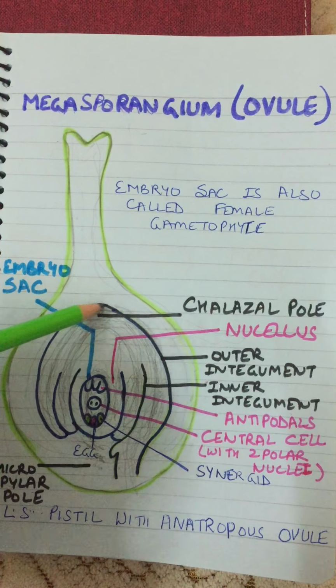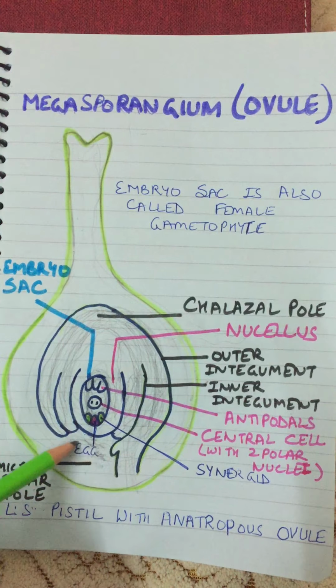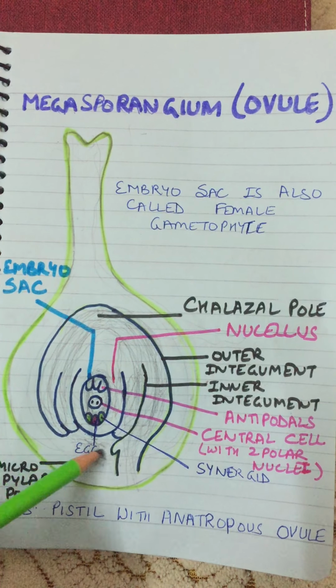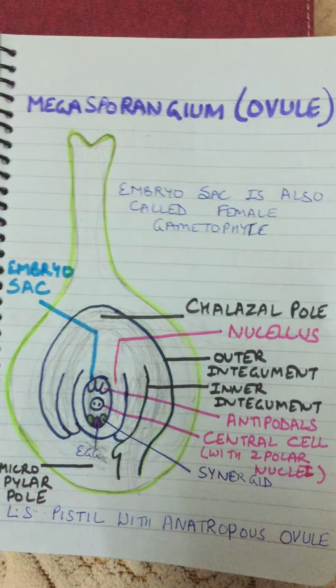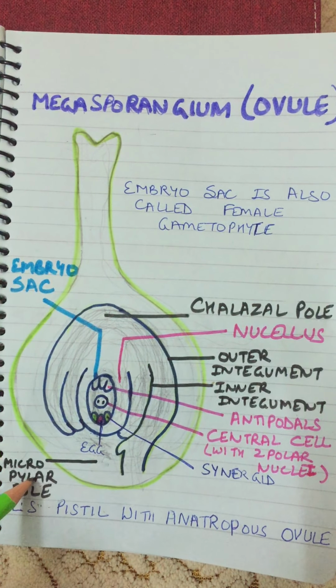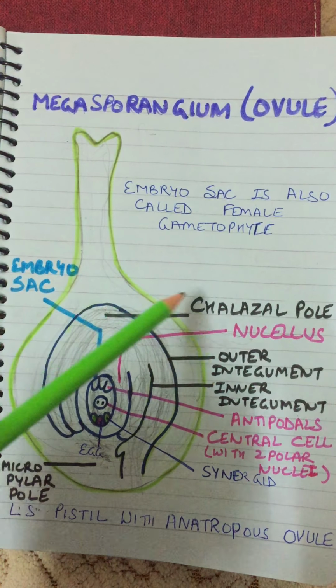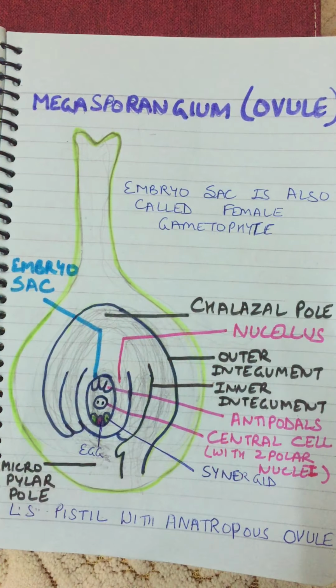These integuments are not continuous. They are absent at a point and that point is called the micropylar pole. The pole opposite to the micropylar pole is called the chalazal pole.